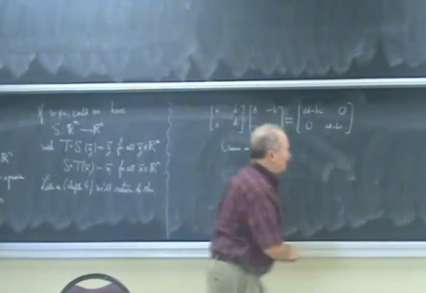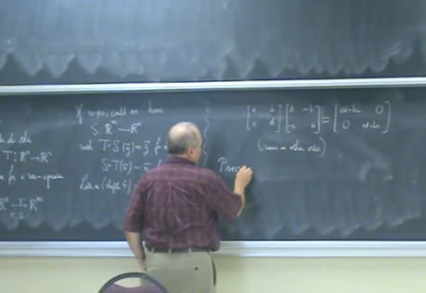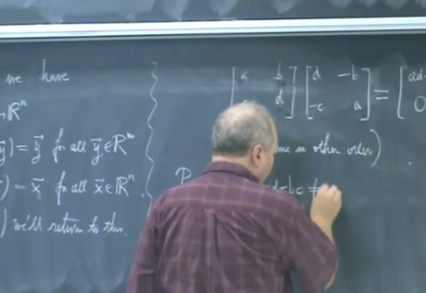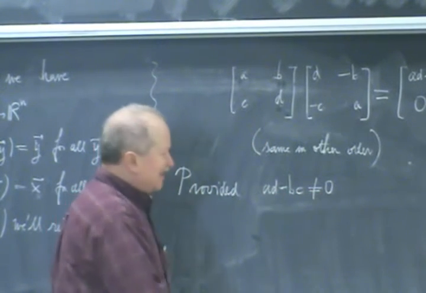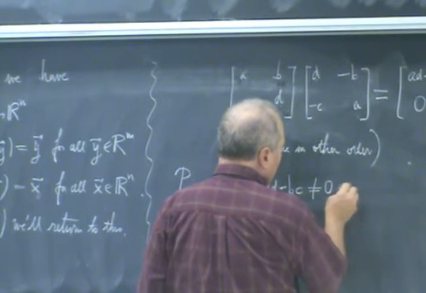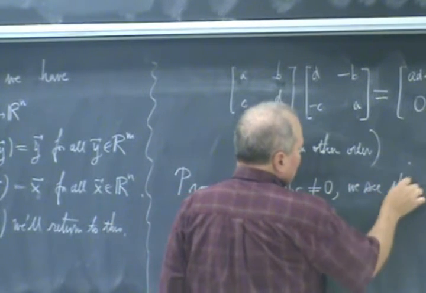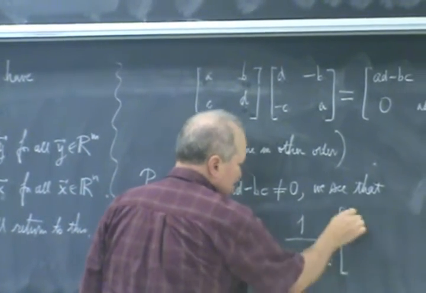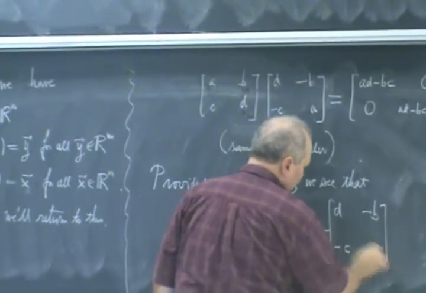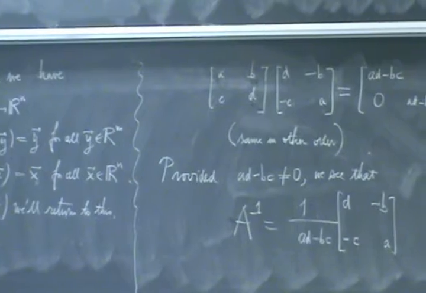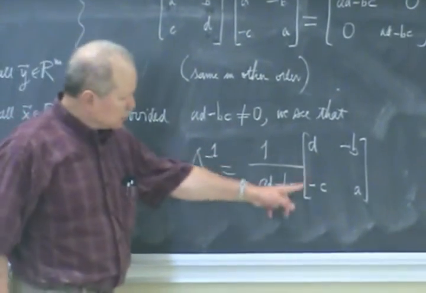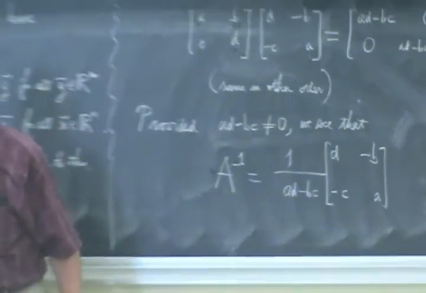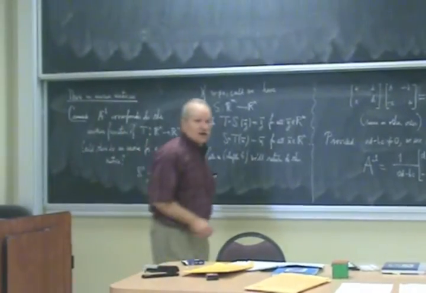So, provided this mystical number isn't 0, provided AD minus BC isn't 0, we see that the matrix 1 over that scalar times D, minus B, minus C, A will be the inverse. So this is an interesting quantity which we're going to understand quite well by the end of the hour.